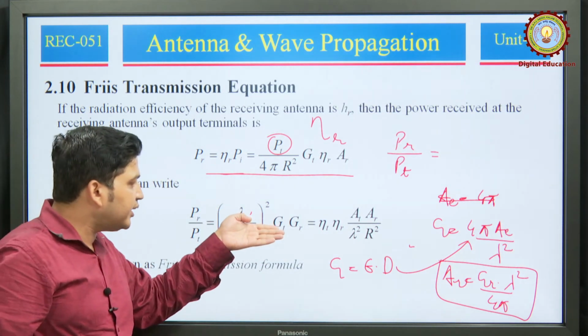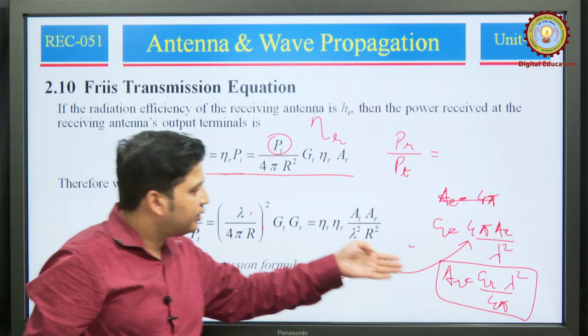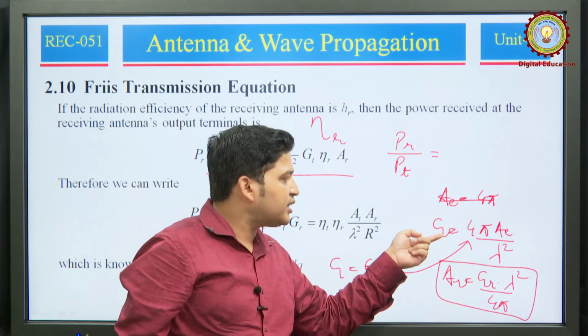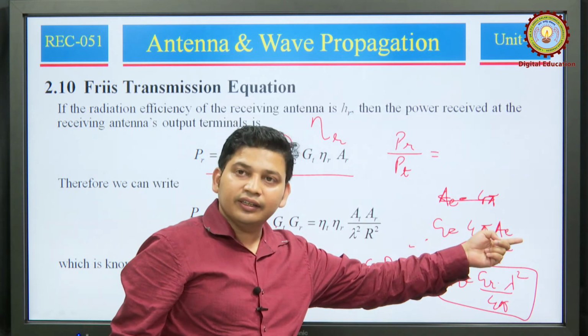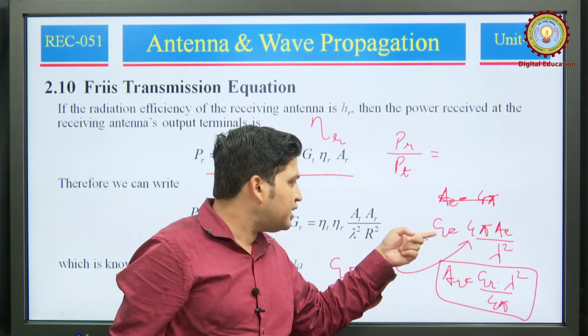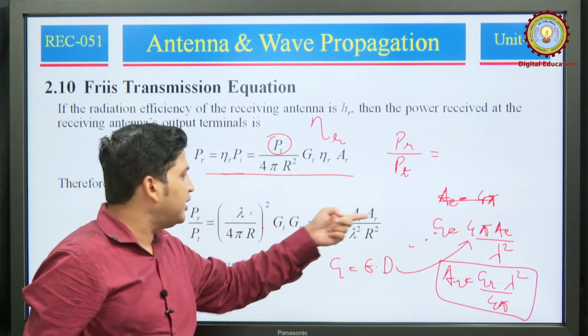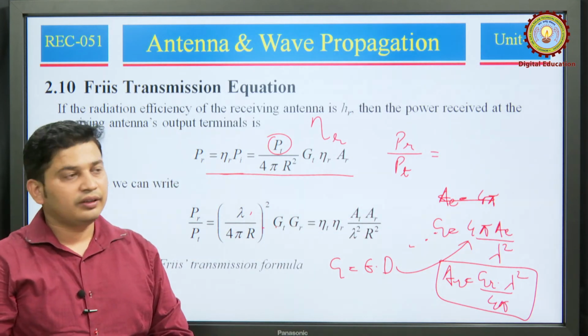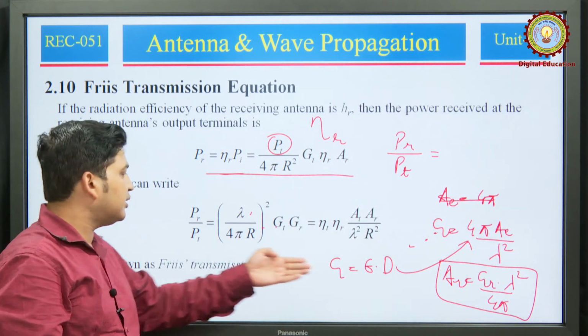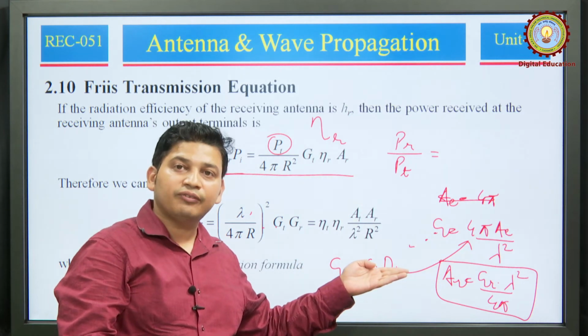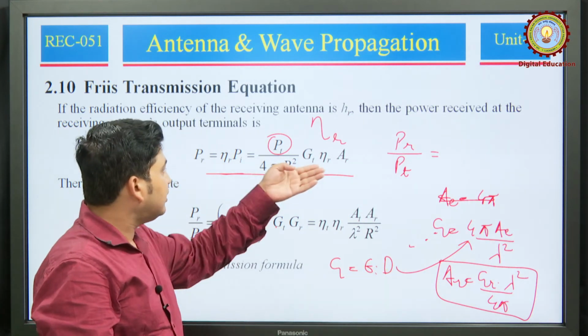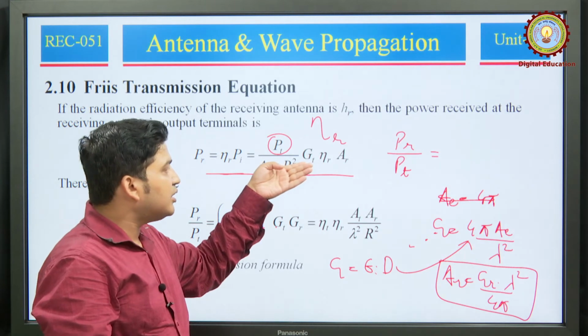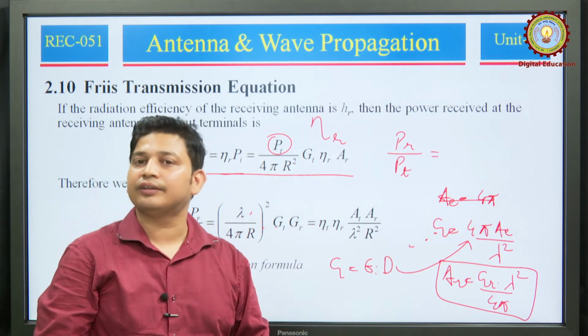Next, we have converted G into effective aperture. Again the same formula: for the transmitter side it is AET or AT, for the receiver antenna it is AR. So, from here we can rewrite this formula again. One more thing, you can formalize this formula in terms of directivity. Here, eta into this value is nothing but directivity.